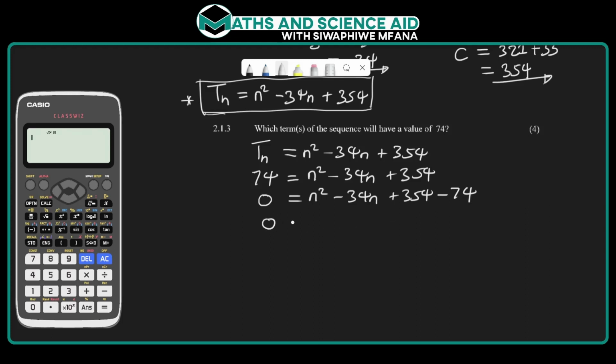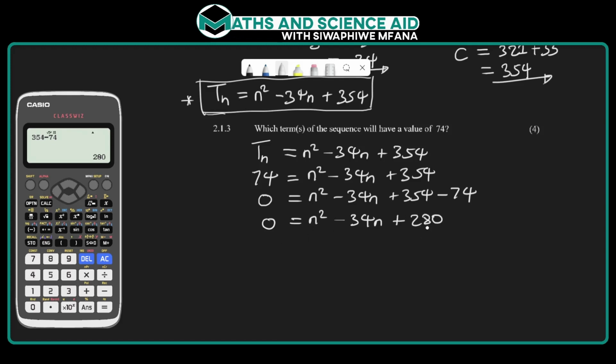Okay, and so this will be equal to n squared minus 34n, and then we need to work out 354 minus 74, and that is equal to 280. So our C value, our constant term, is now going to be 280.